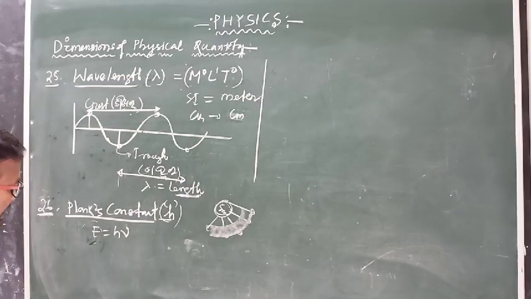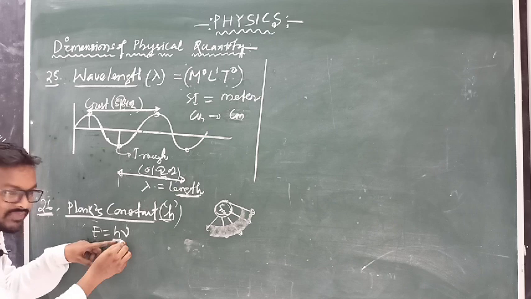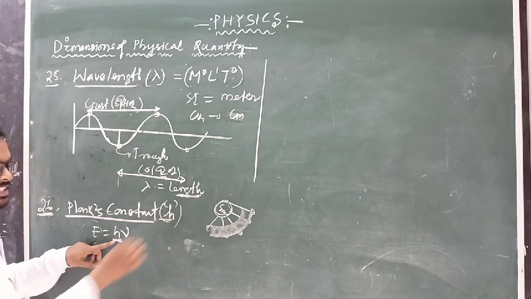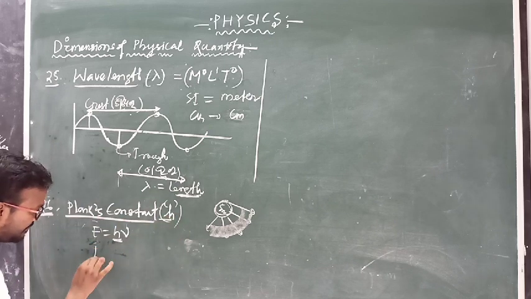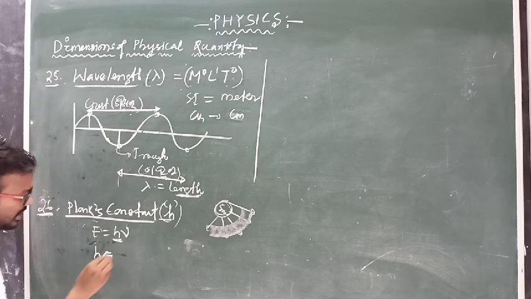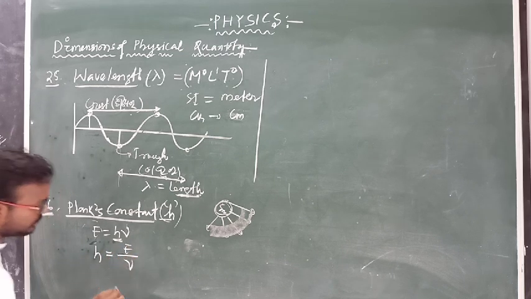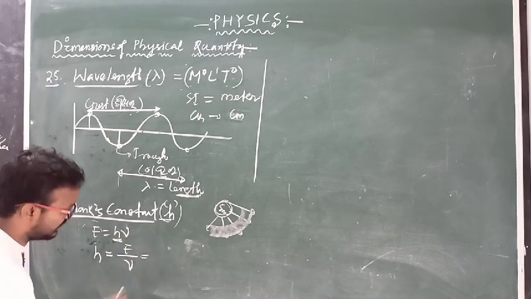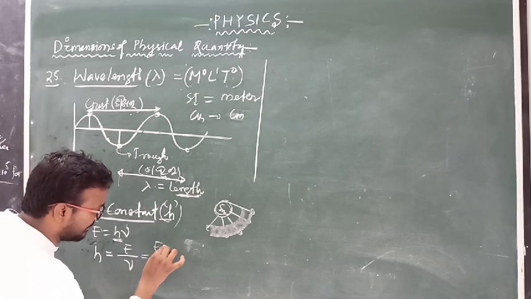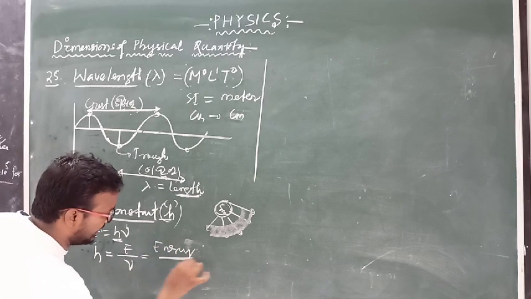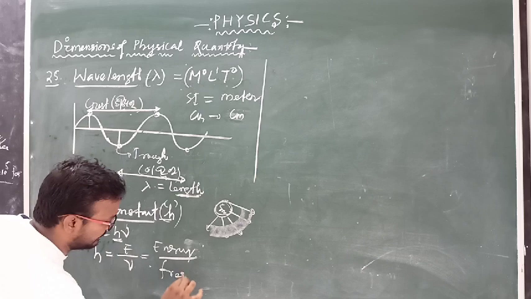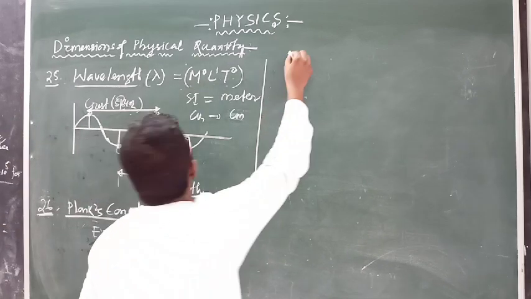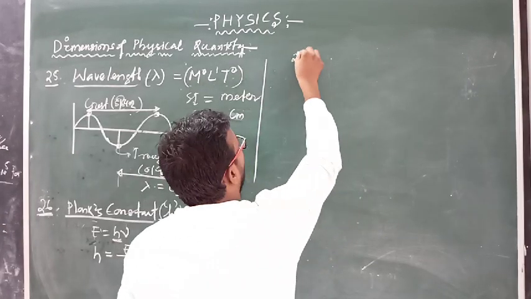You will study it in higher classes. This h is known as the Planck constant, and we can write the Planck constant h equals E by nu. Here nu means frequency, and E is energy, so energy divided by frequency. Now first we have to know what frequency is.